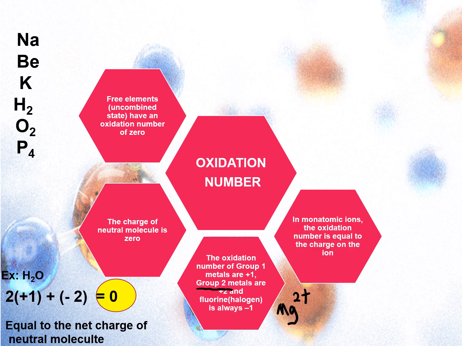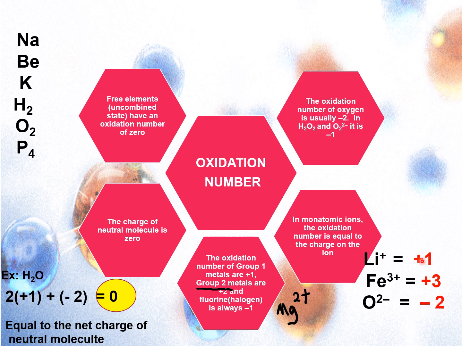Next, monoatomic ions. For monoatomic ions, the oxidation number is equal to the charge on the ion, such as Li+ with positive 1 oxidation number, Fe3+ with positive 3, and O2- with negative 2 charge, so negative 2 oxidation number.